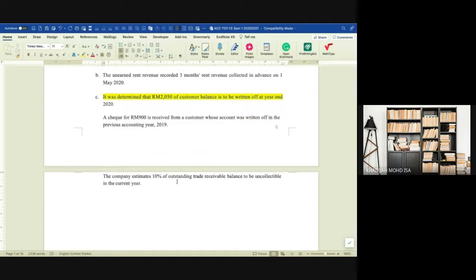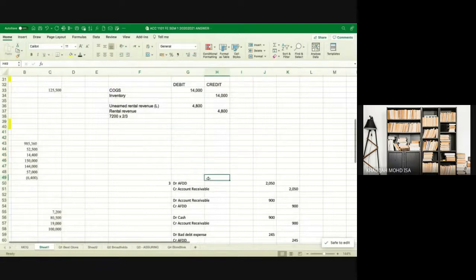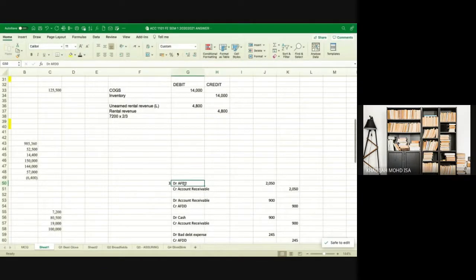All right. So the first one is how are you going to record the write-off? Remember that this is a perpetual system. So how are you going to do a write-off? How much is the write-off? 2050. What you do is that you're going to debit AFDD and credit your accounts receivable. So that is very straightforward, right?